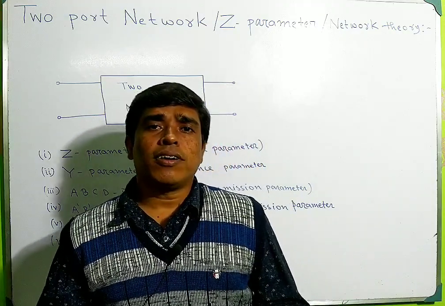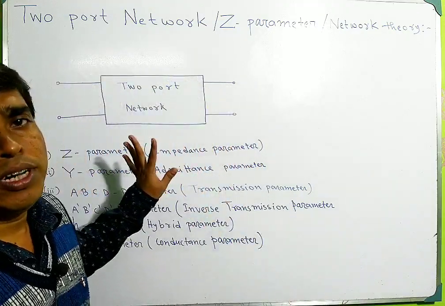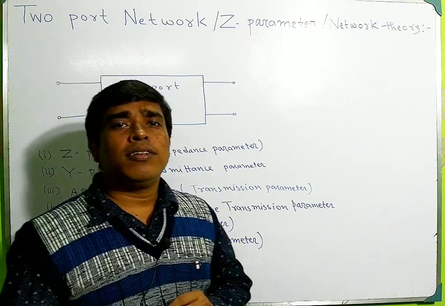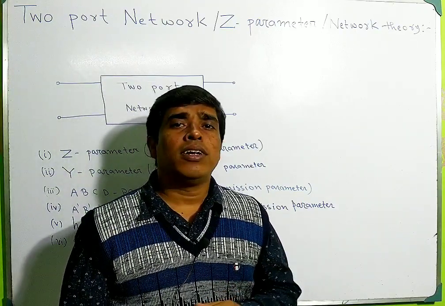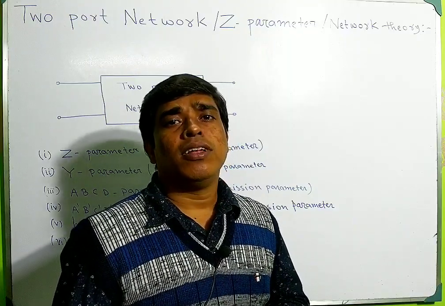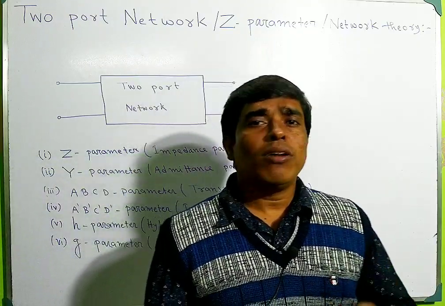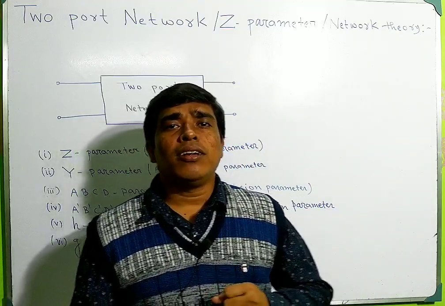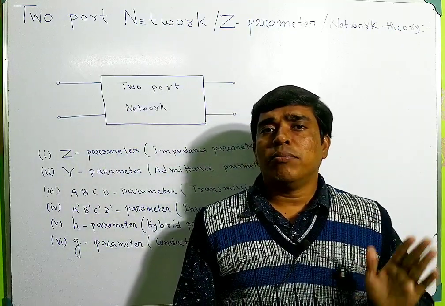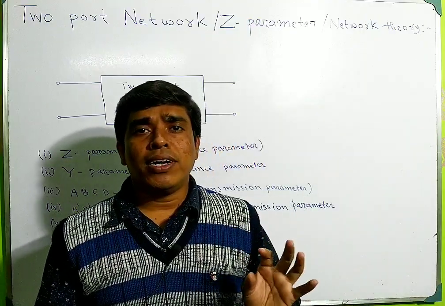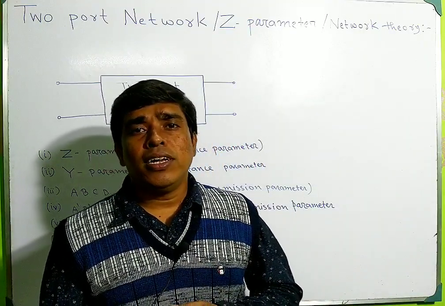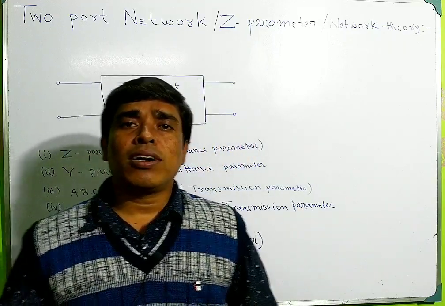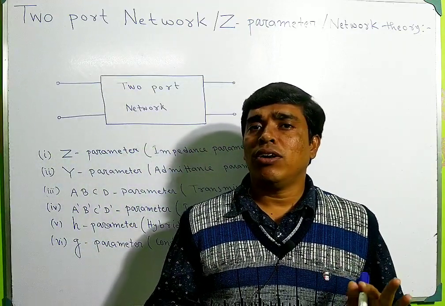Today we will discuss about two-port network. In the previous lecture series about network, we have discussed how to calculate circuit parameters like branch current, branch voltage, and power of a network using several network theorems and network laws.